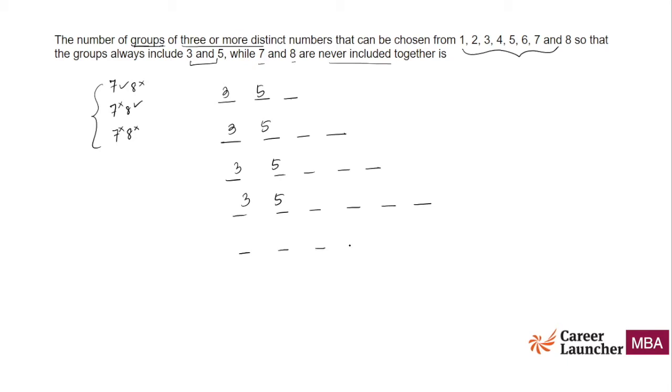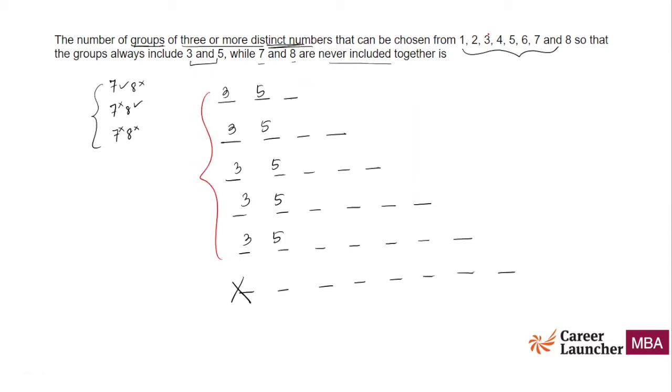If you're talking about a 7-digit number, then also 3 and 5 are definitely present, and no problem so far. But the moment we have an 8-digit number, that means all the digits are brought in, then 7 and 8 are going to be definitely included. So we cannot have this case, because you have to use distinct numbers. So we have to stop right here.